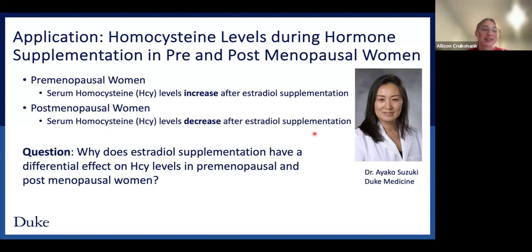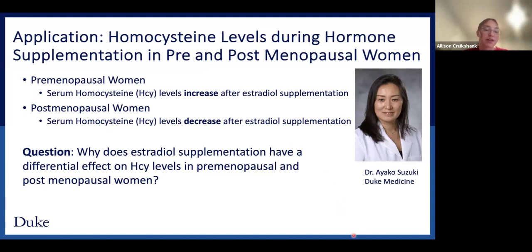You might think they would behave the same, however, it's key that one pool is premenopausal and one is postmenopausal, so the estradiol concentrations are different before supplementation. So she came to us with this question.